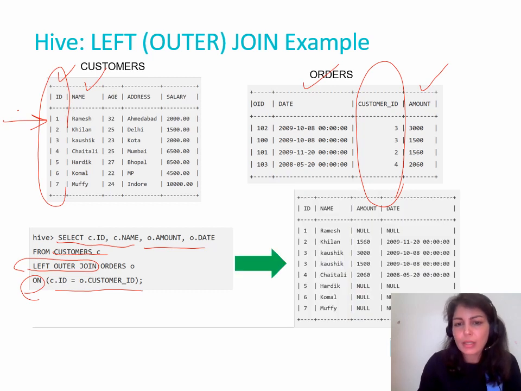No, there is nothing. So we have to write, because we write all the records from the left table. So we write the first record, but since there is no matching value in orders, it returns null for amount and date. So this means this customer has not placed any order until now.